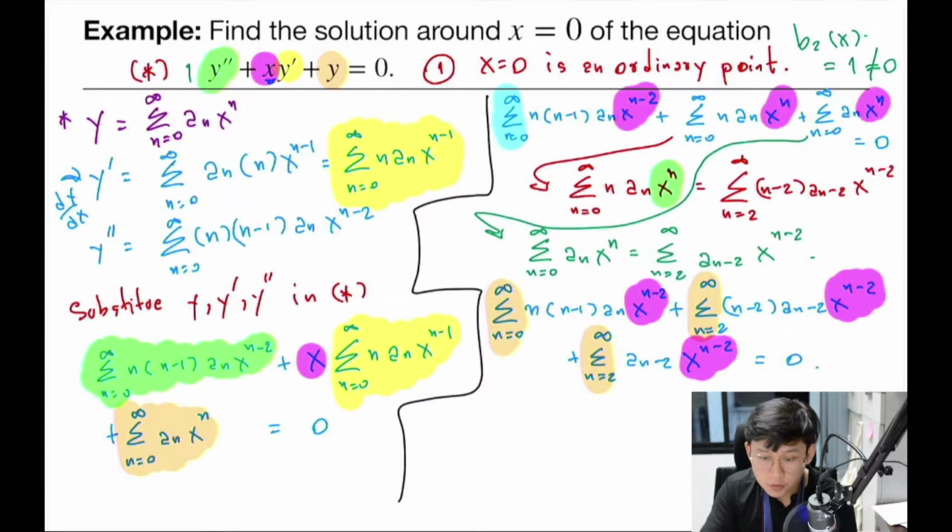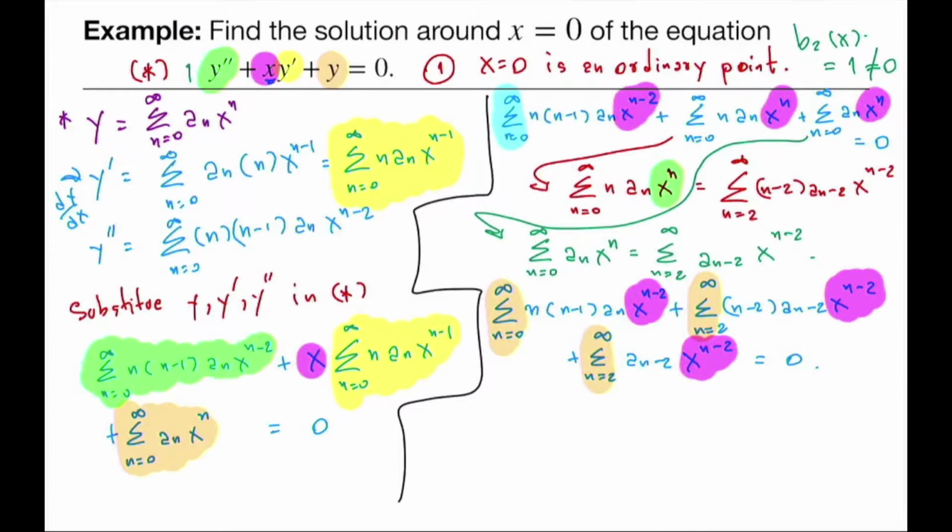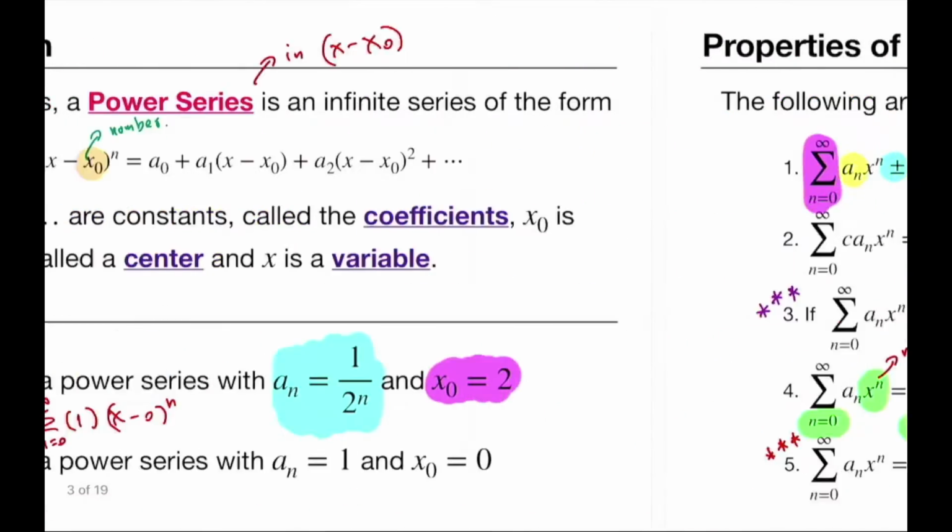That's very simple. How? Because if you look at the first summation, can I write it as, when n equals 0 plus n equals 1 and then plus summation n from 2 to infinity? Right? From this property, guys.